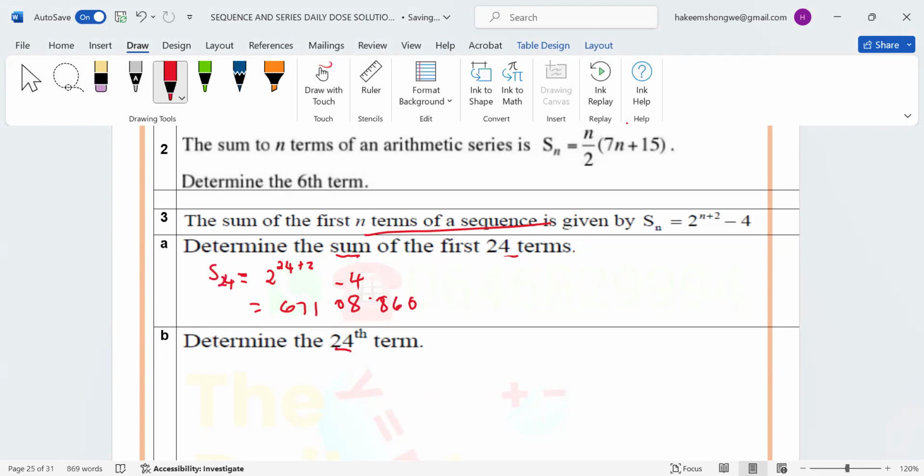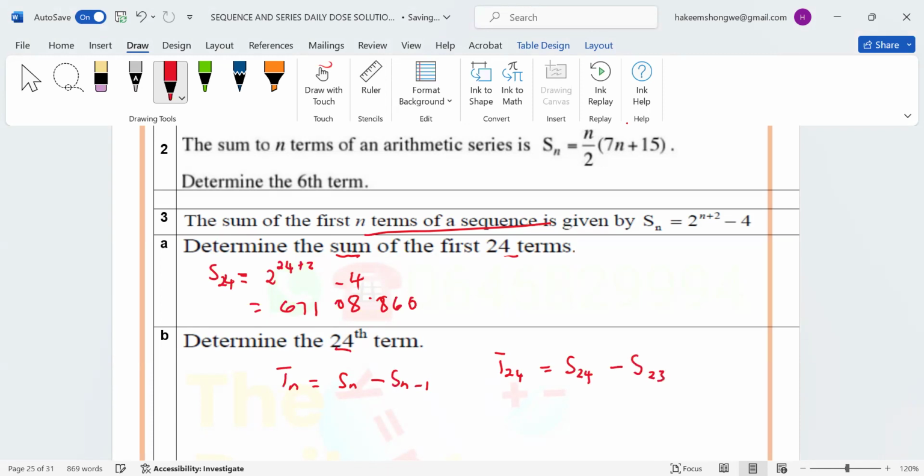Now we're looking for term number 24. How would you get term number 24? Tn is going to be given by Sn minus Sn minus 1. So T24 is going to be S24 minus S23.